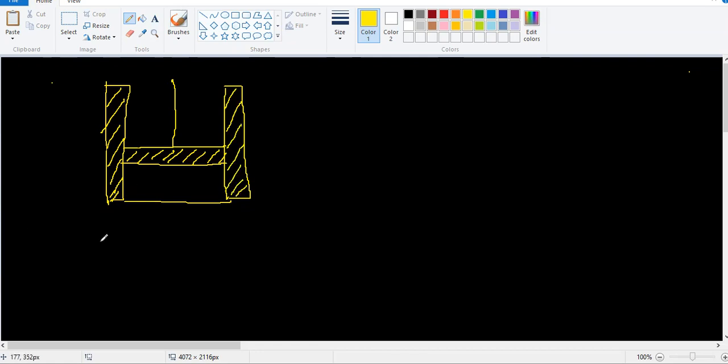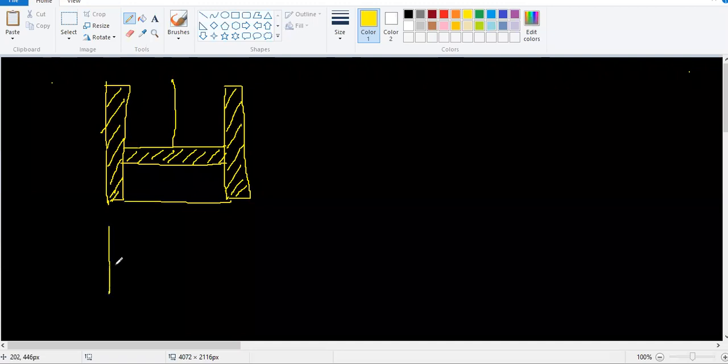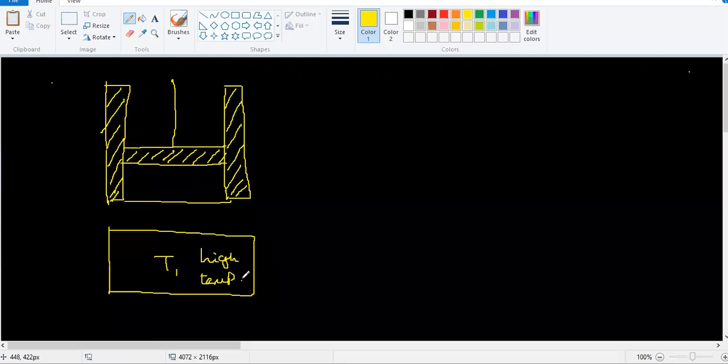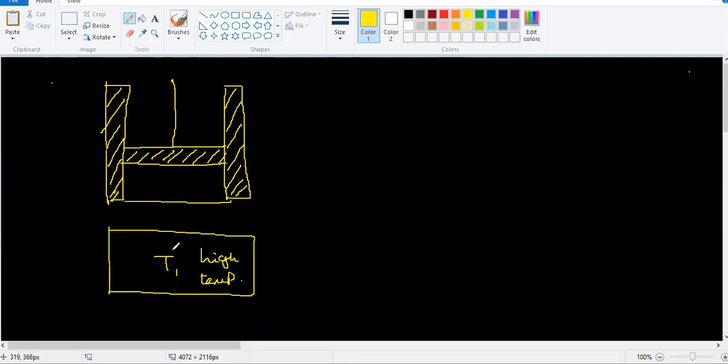If I want to give some heat source, very high temperature, then I'll be putting this as T1, very high temperature. But if I don't want to give any heat, if I want to put an insulated stand, I can remove this.